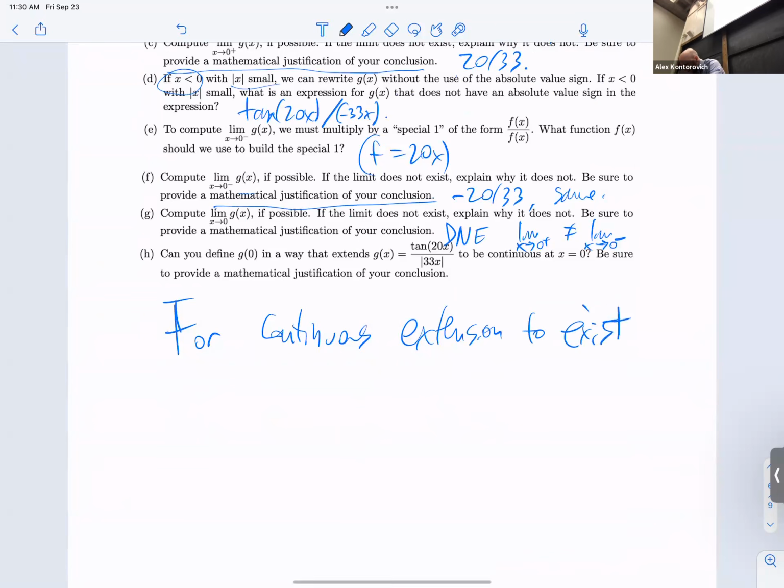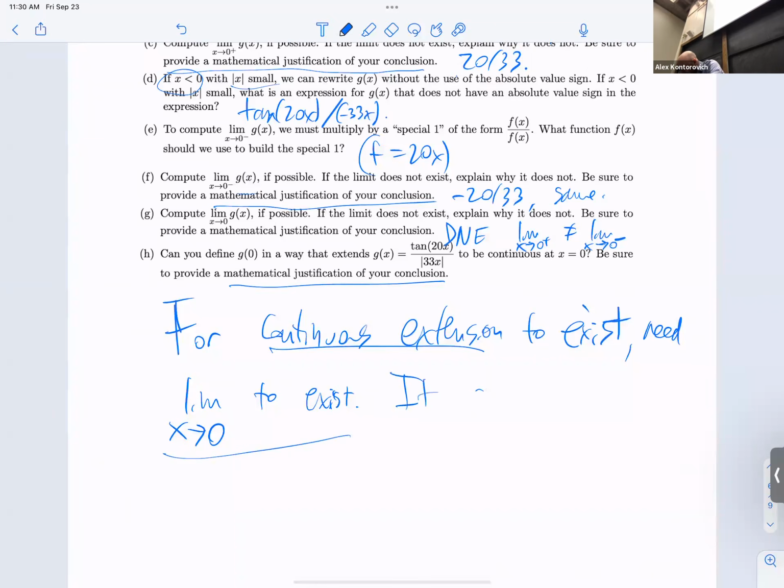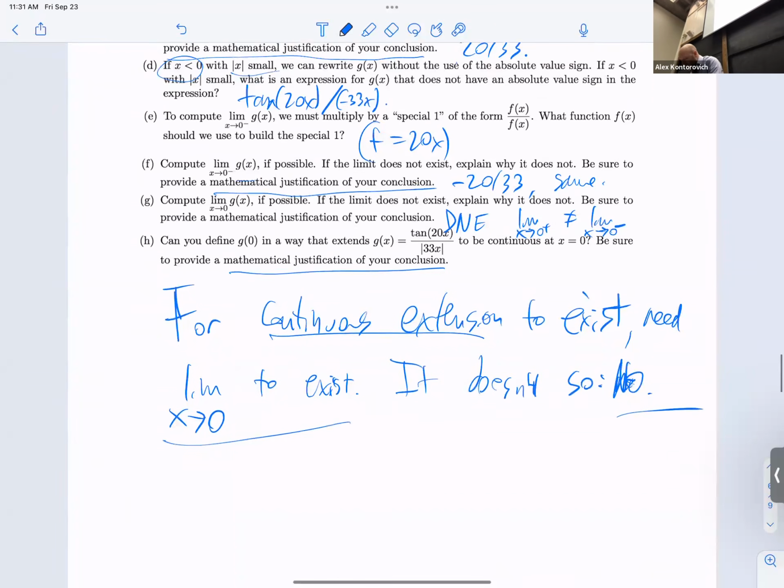For a continuous extension to exist, you need the limit as x goes to 0 to exist. But it doesn't. Provide the mathematical justification: for a continuous extension to exist, you need the limit to exist. It doesn't. So the answer is no.